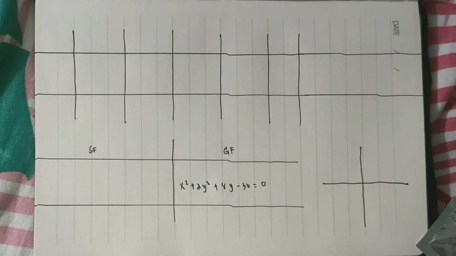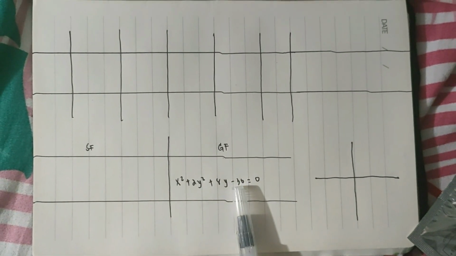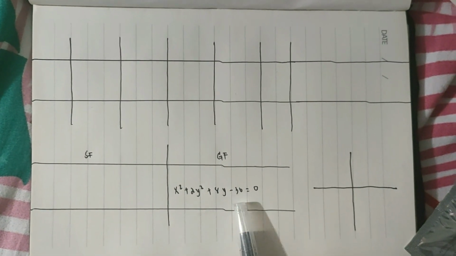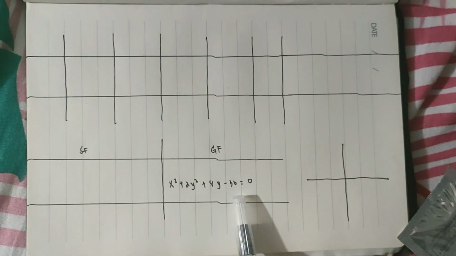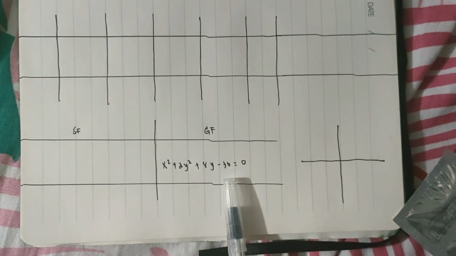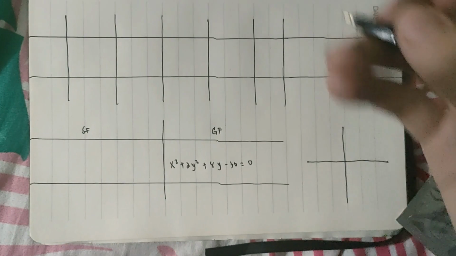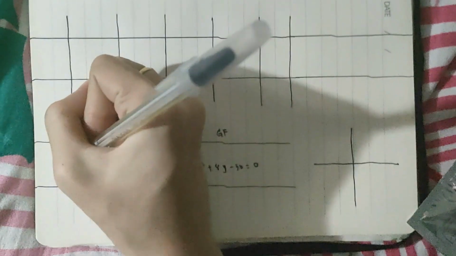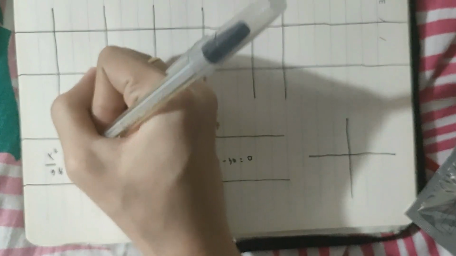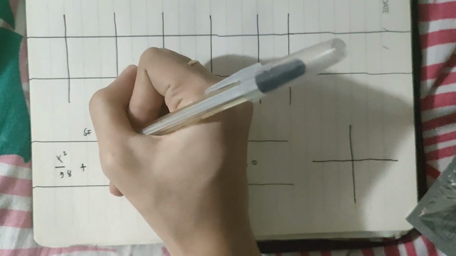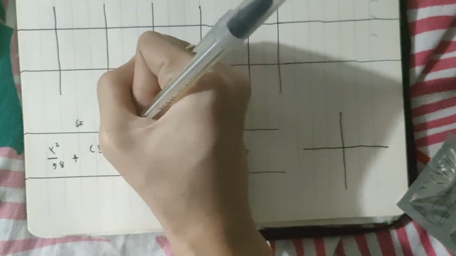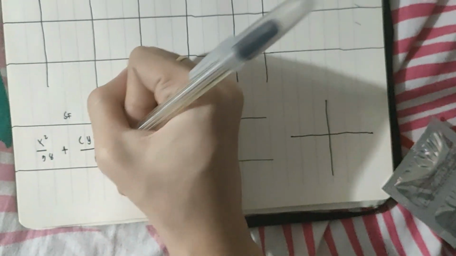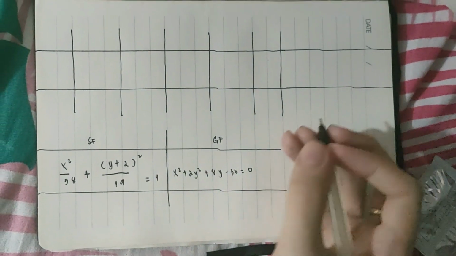Number 5. Given yung general form na x squared plus 2y squared plus 8y minus 30 equals 0. So, yung standard form nito ay x squared over 38 plus y plus 2 squared over 19 equals to 1.